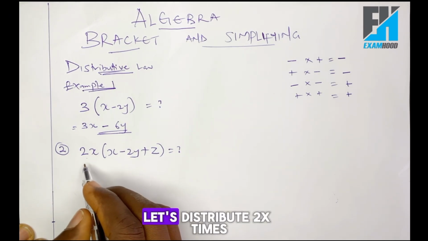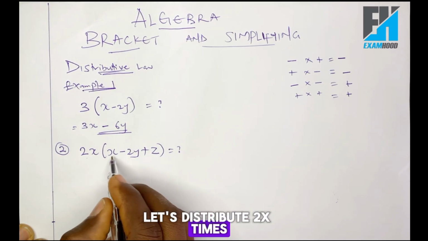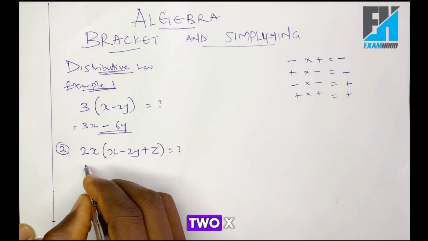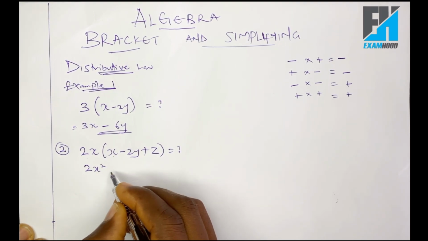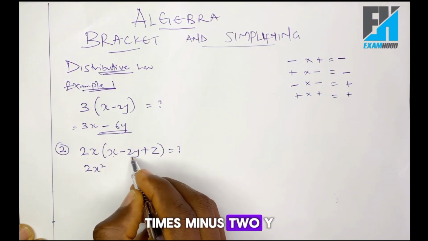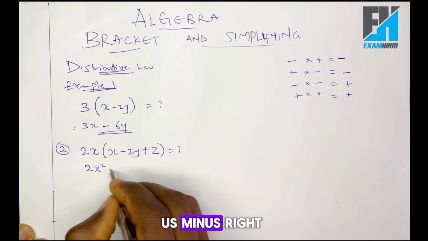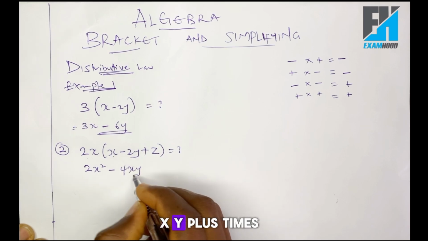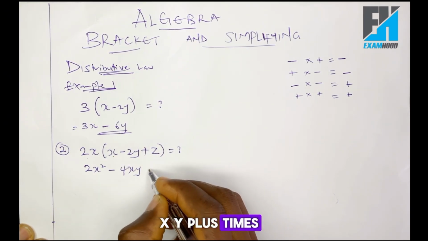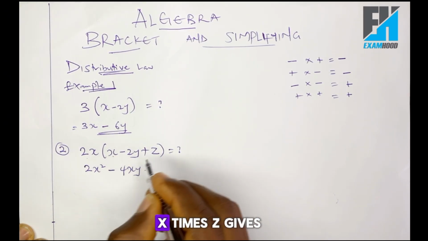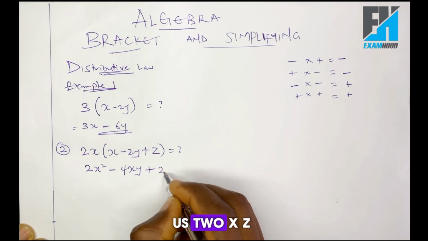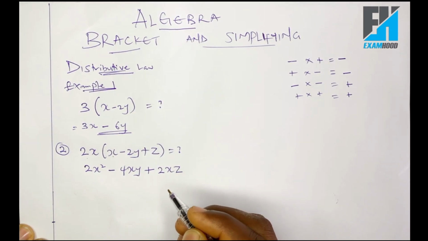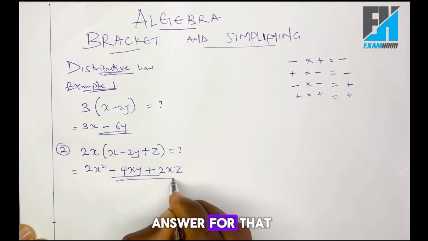Now let us distribute. 2x times x gives us 2x squared. 2x times minus 2y, plus times minus gives us minus, right? 2 times 2, 4, and xy. Plus times plus gives us plus. 2x times z gives us 2xz. And that is your answer for that.